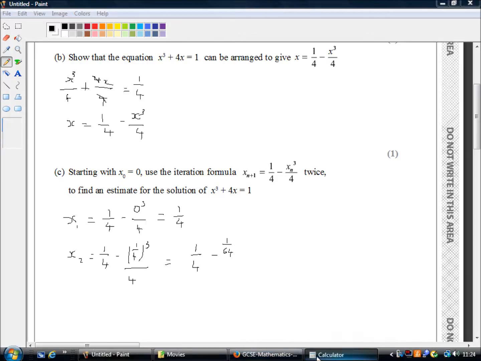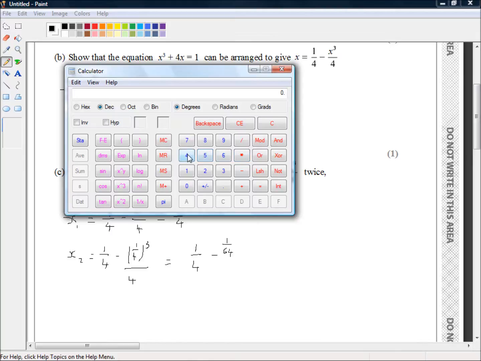Actually, you might not realise that, so I'm going to put 4 cubed here in my calculator and show you that 4 cubed is 64.